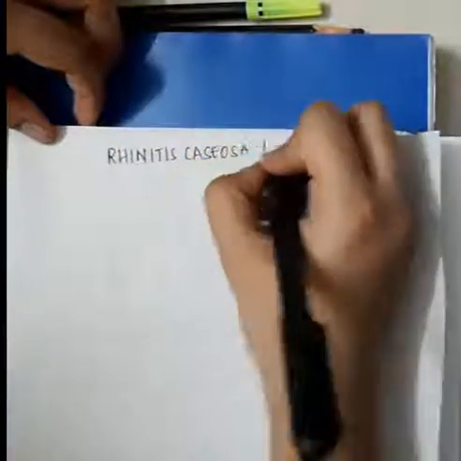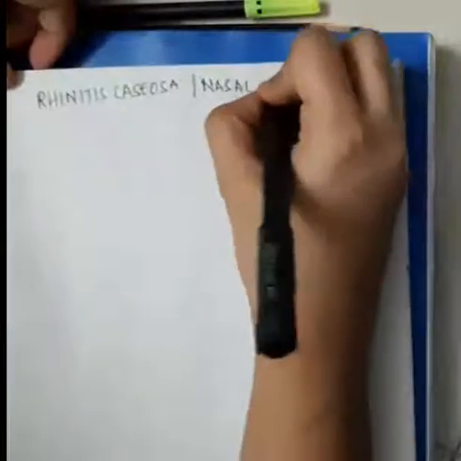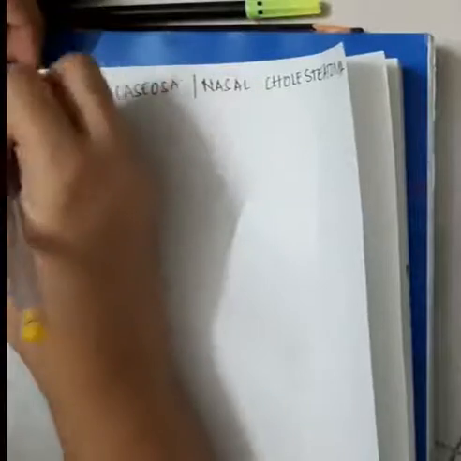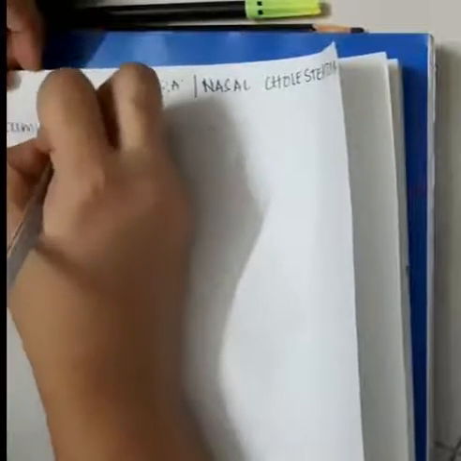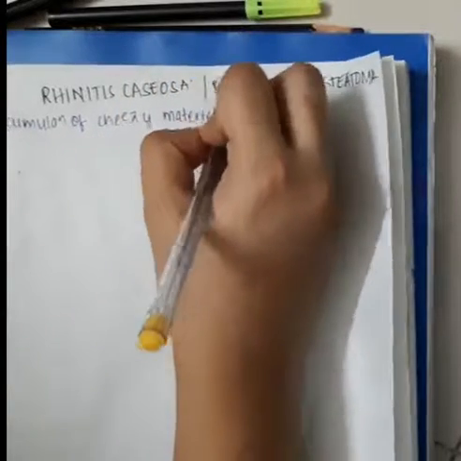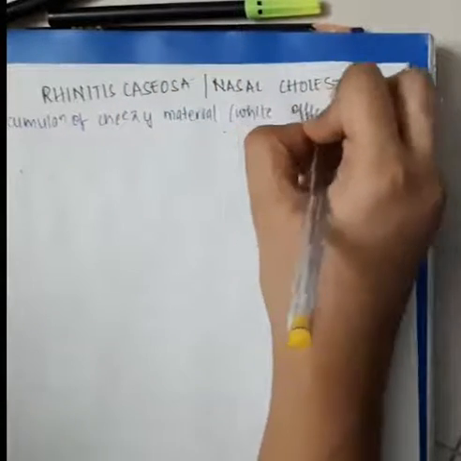The next topic is about rhinitis caseosa or nasal polystetoma. Here there is mainly accumulation of cheesy material or white offensive debris, and there is invasion.